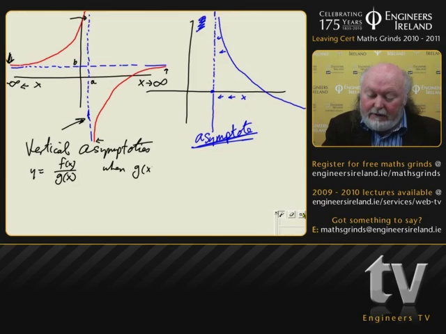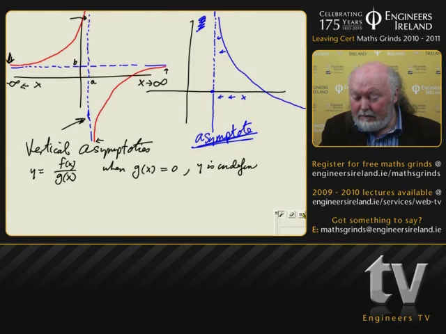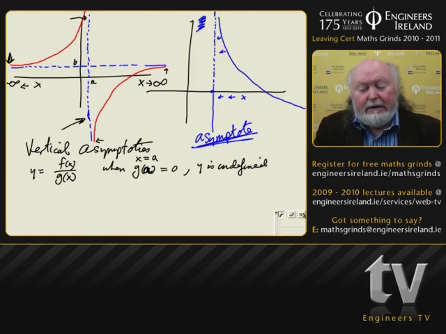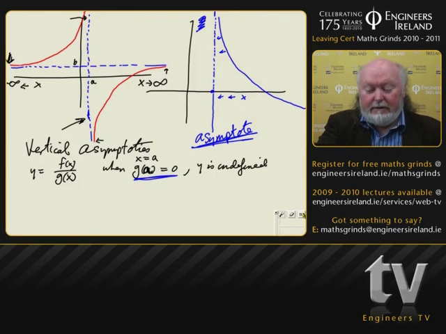When g of x equals 0, y is undefined. I'll change that to a at the moment. For a particular value of x called a, when g of a is 0, y is undefined. So it's easy to work those things out.